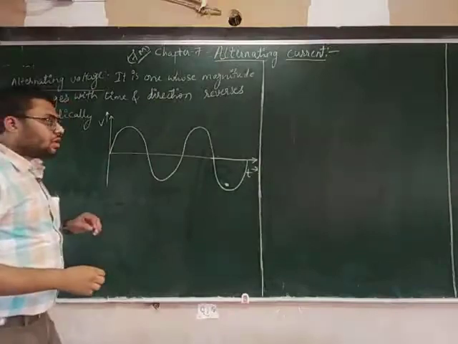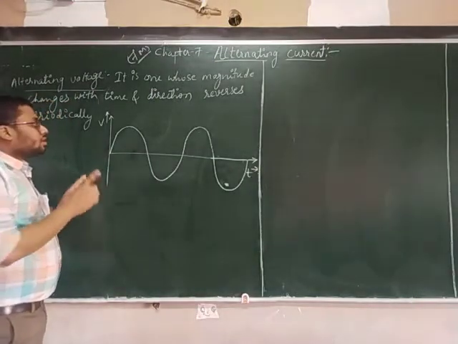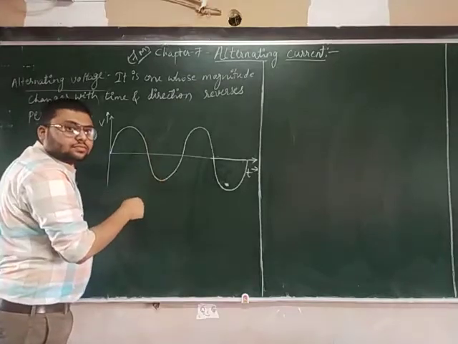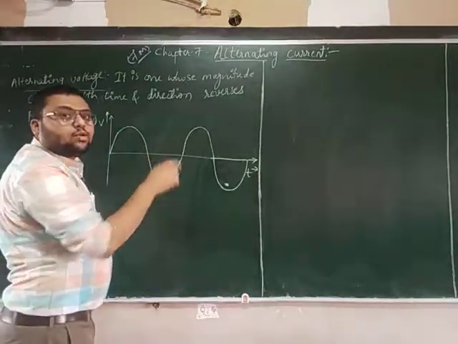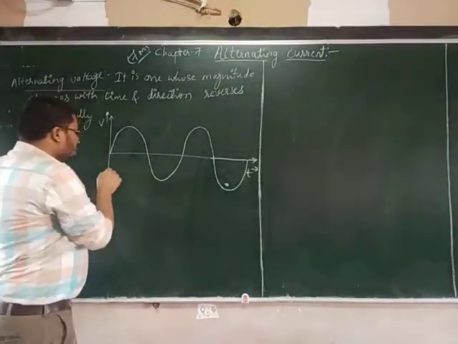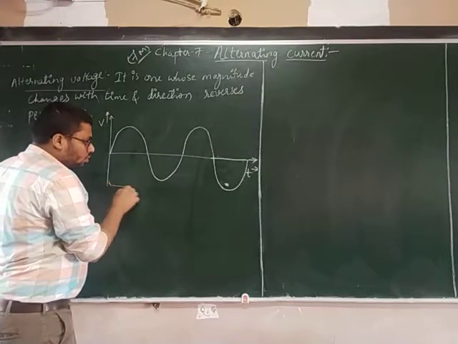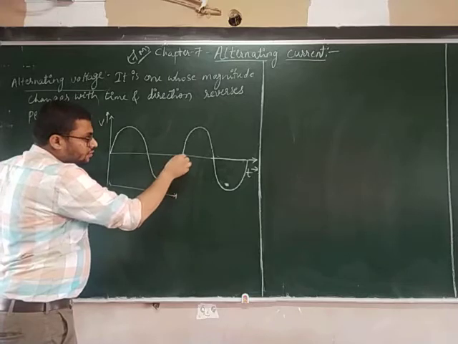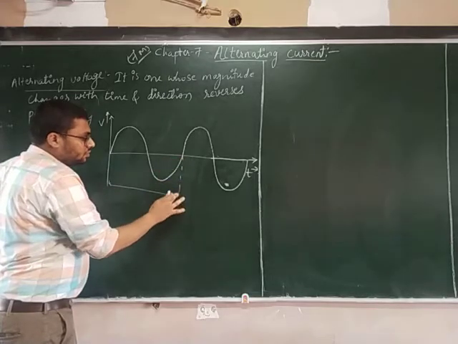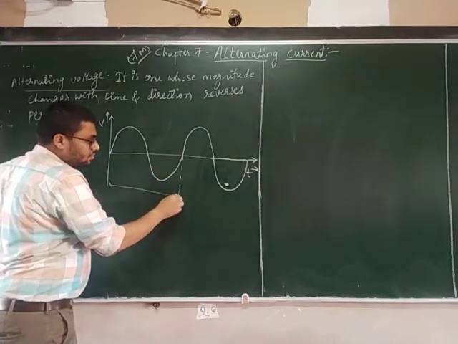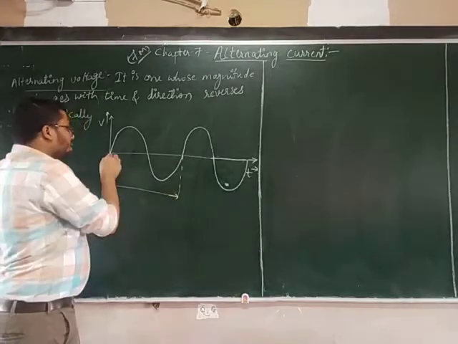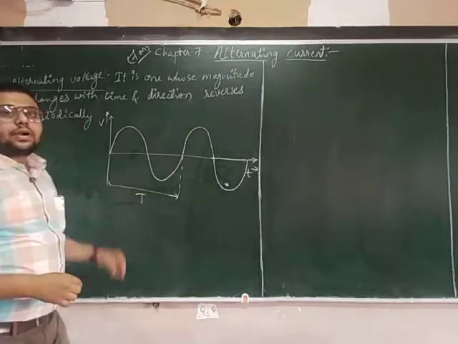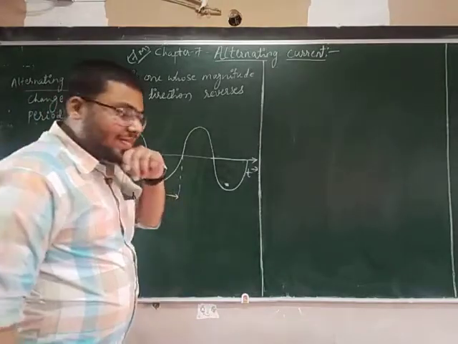Okay. Now, the time taken to complete one complete cycle, that means from here to here, from here to here, whatever time is taken, that will be called time, capital T. Right?